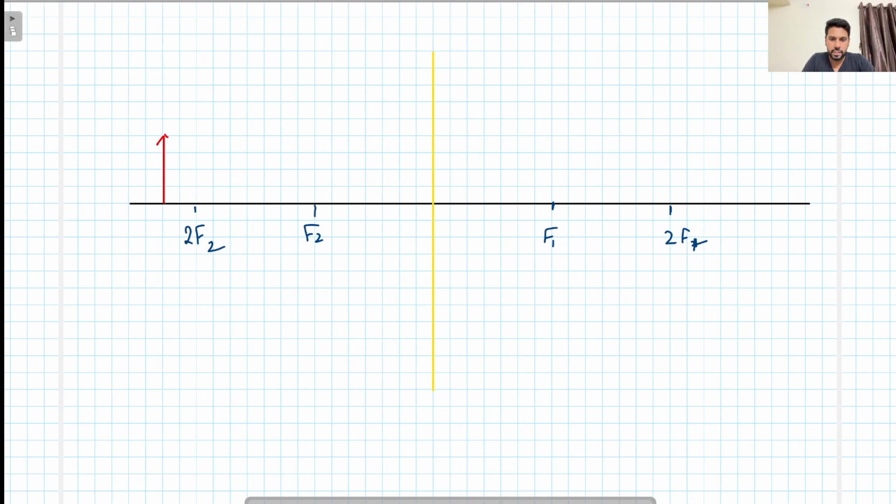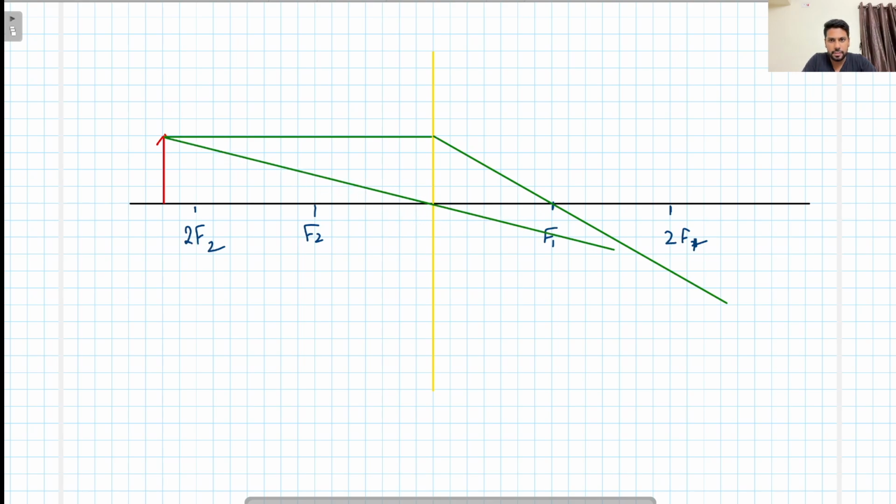Now look carefully. Let's begin with the first ray, a ray that is going parallel. After refraction it goes through the focus. Yes, this is how it looks. A ray going through the principal axis goes undeviated.